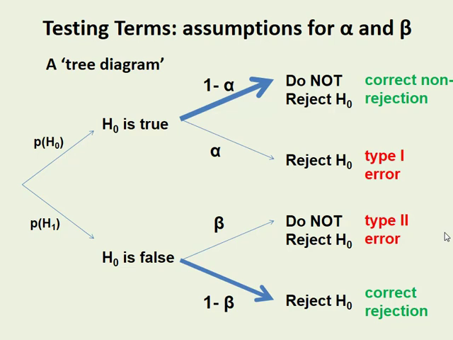So only if alpha gets to a really small level are we going to reject it, because then we know that if we get a reject result, it's quite unlikely that we came down here, whereas we set this one up so this is much more likely. So if we see reject, it's much more likely we came down this tube than we came down this tube. So because that's much more likely, we say if we see reject, it's likely to have been H0 is false, but there's still going to be this chance that we made a type 1 error.